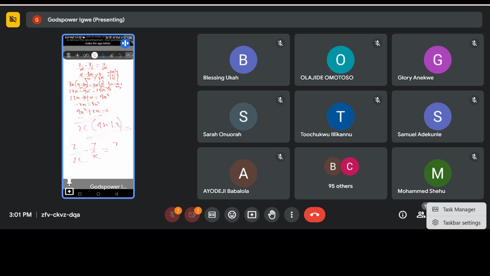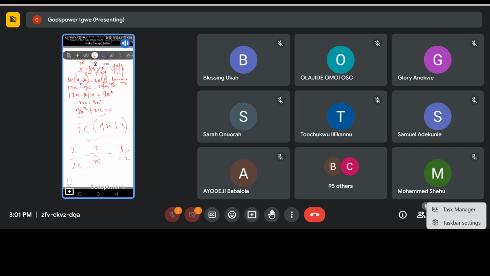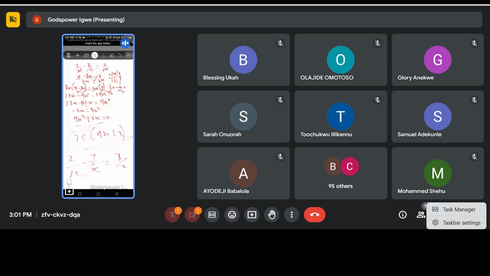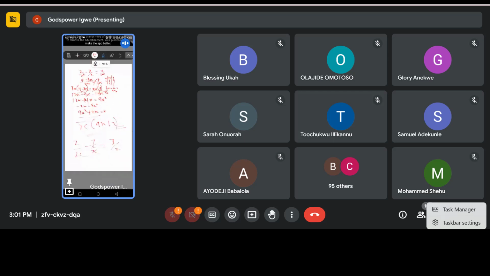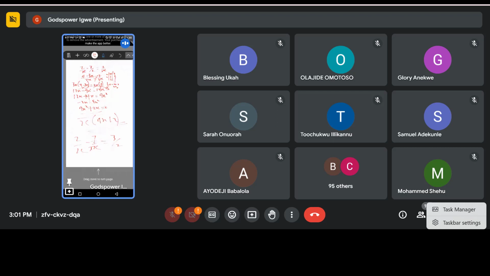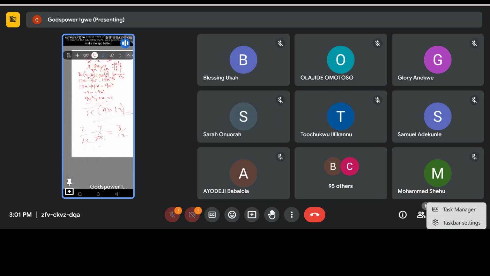And then this will be positive 3 over 2. So if you check this very well now, is it 7 over x or 7 over 3x? Okay, 7 all over 3x. So this is going to be all over 3x, and this will be 2 minus 6, then 7, and this is equal to 3 all over 2. And 6 minus 6 is minus 1.